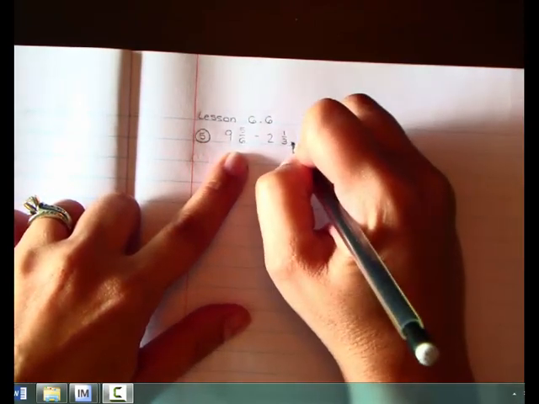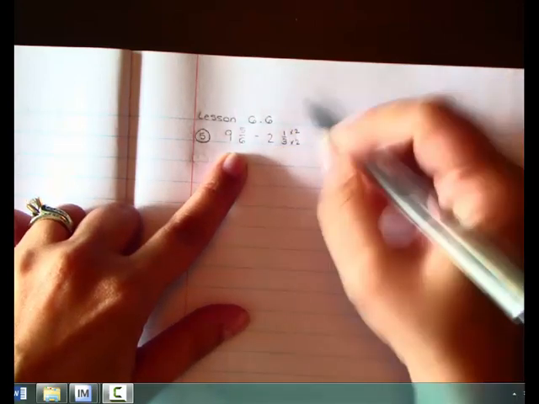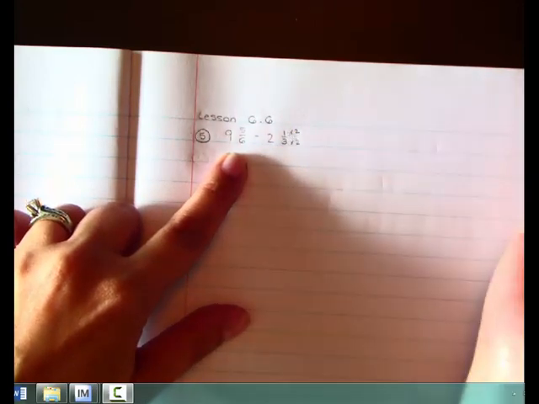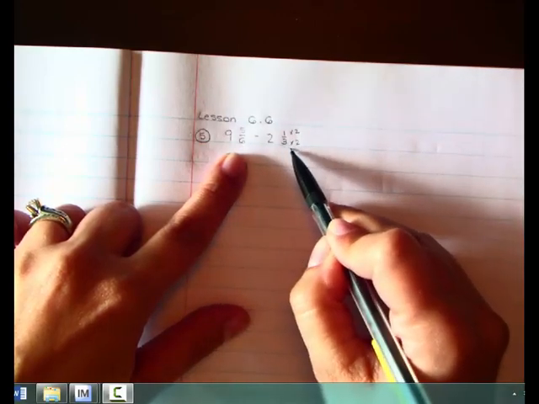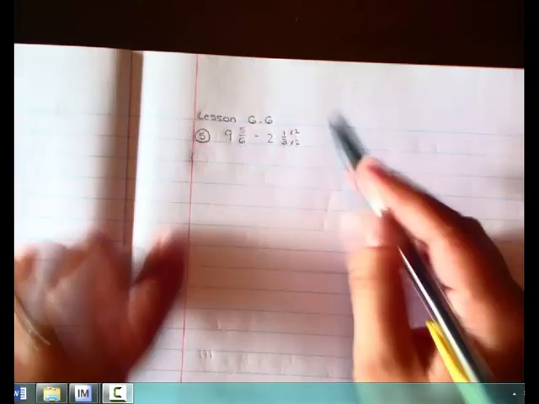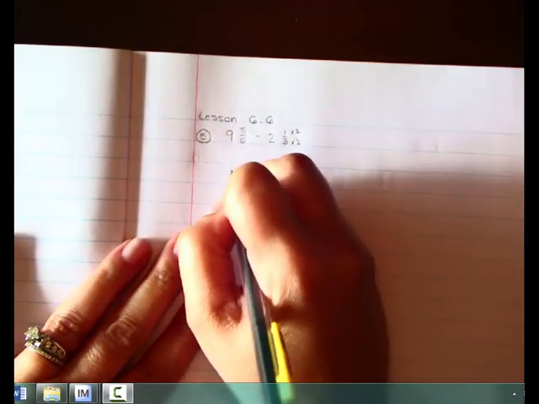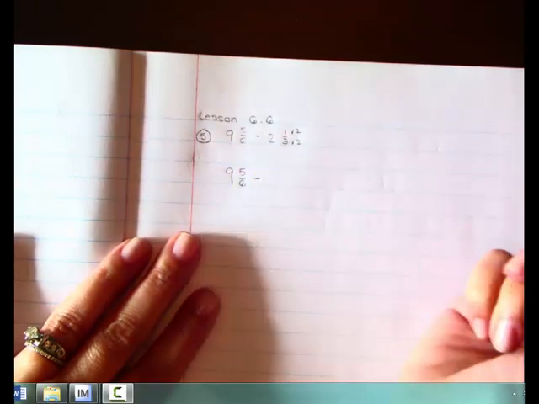Whatever you do to one, you have to do to the other. 3 times 2 equals 6, so that gives you the same denominator. This mixed number I am just going to rewrite because we are not changing it.